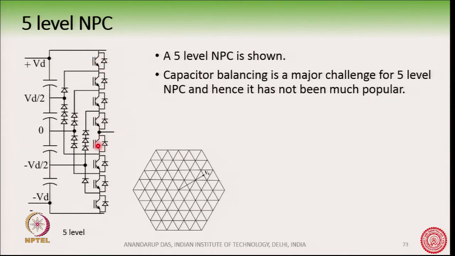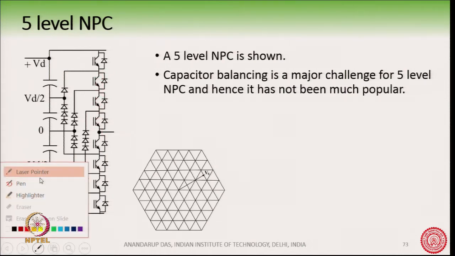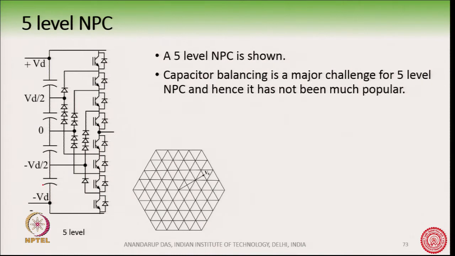If we do that, then what happens? So, for Vd voltage, that means the voltage of A with respect to O, we will turn on these 4 switches.